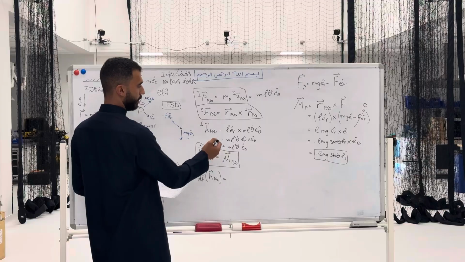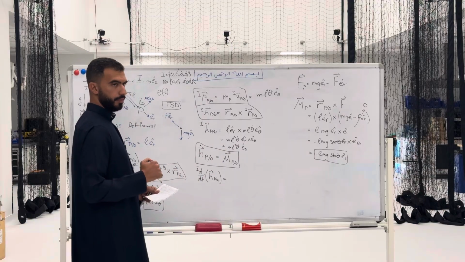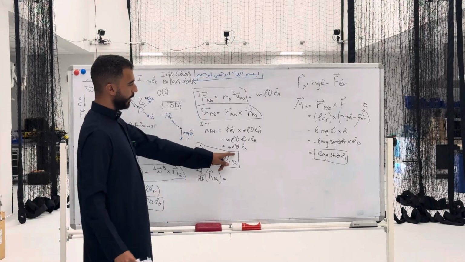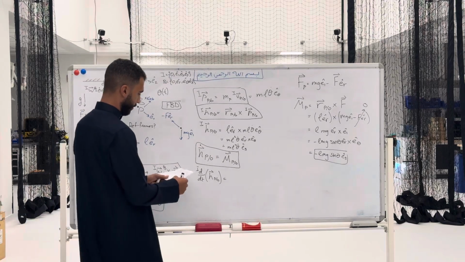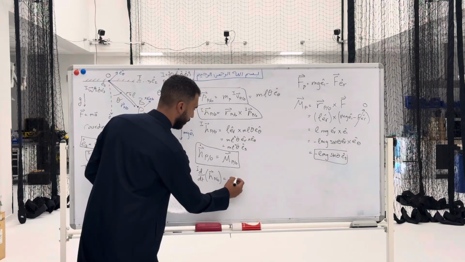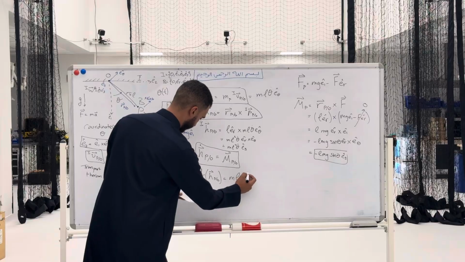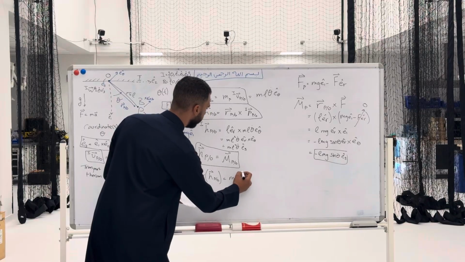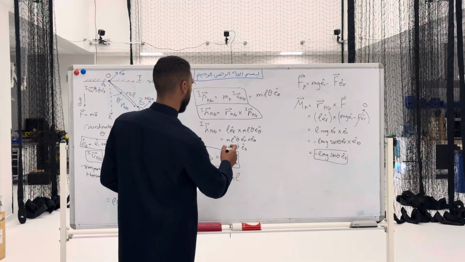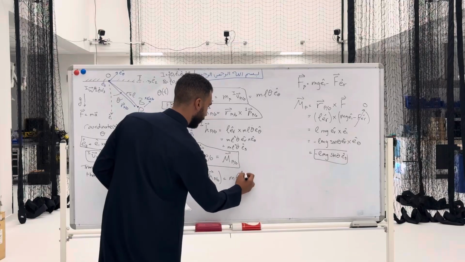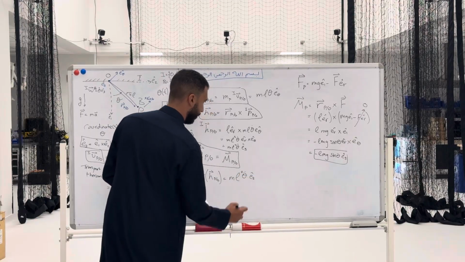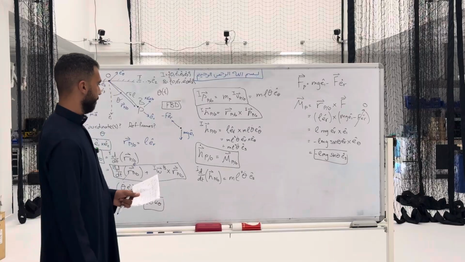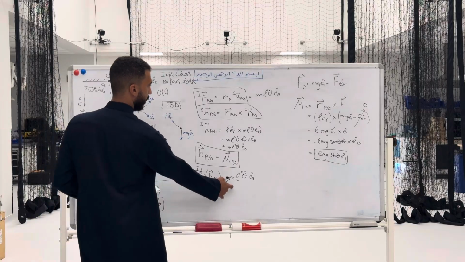What's changing here? Theta. Yes. So we have M L squared theta double dot in the E3 direction. So this is equal to this.